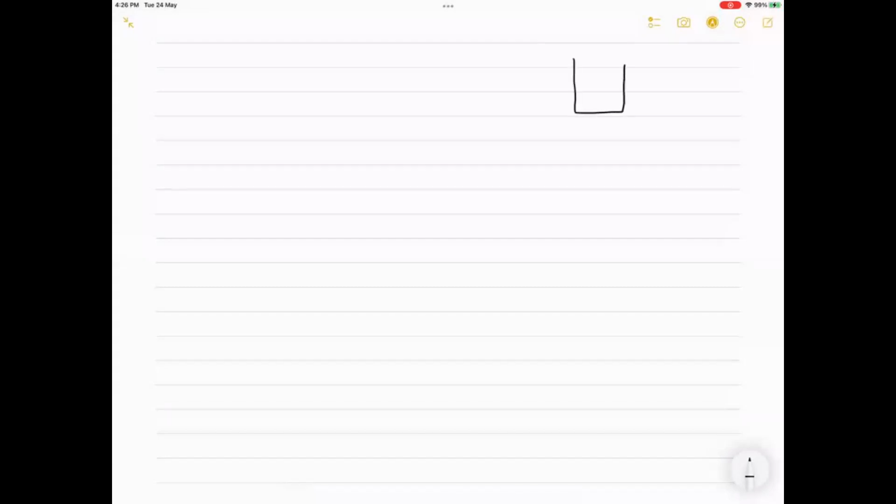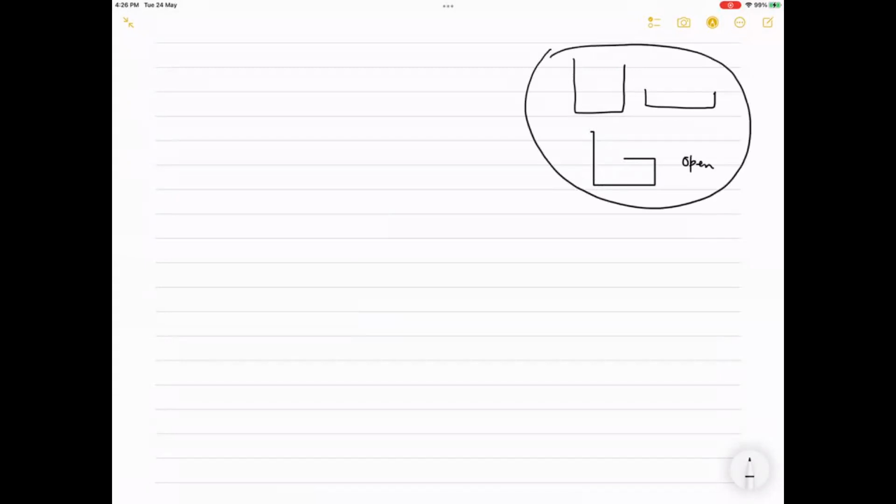One of the states is like this, the other one is like this, the third one is something like this. Okay, and these are our open ones, right? And then the packed ones are like this.